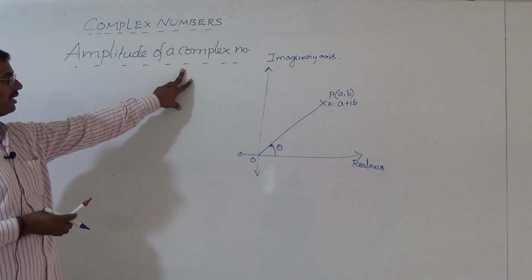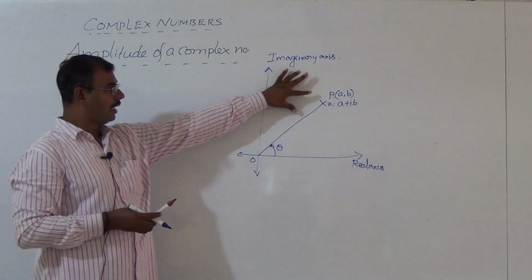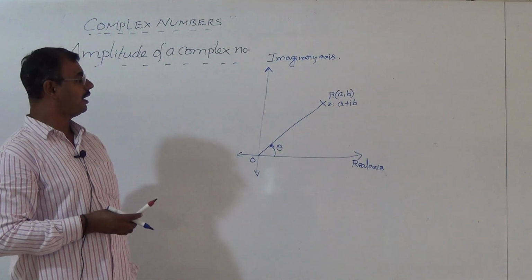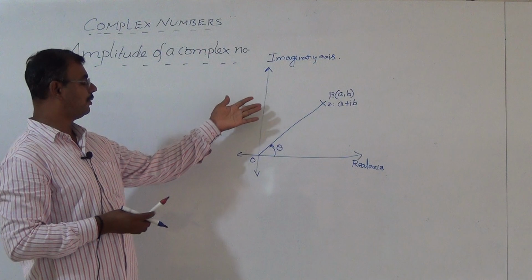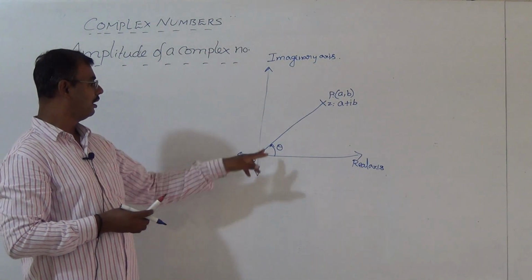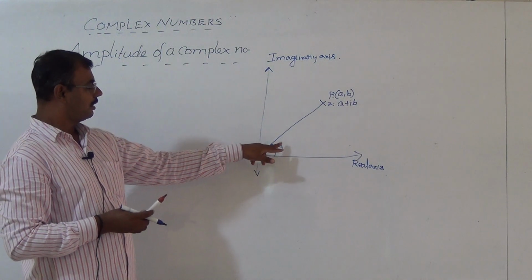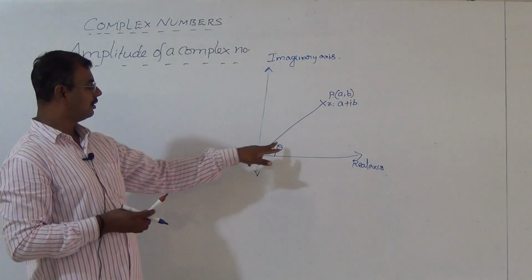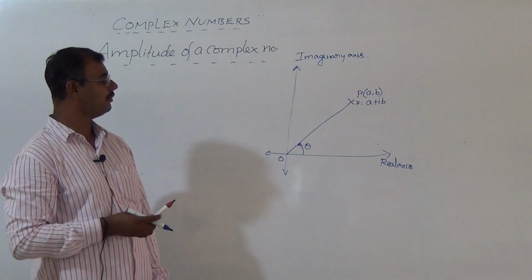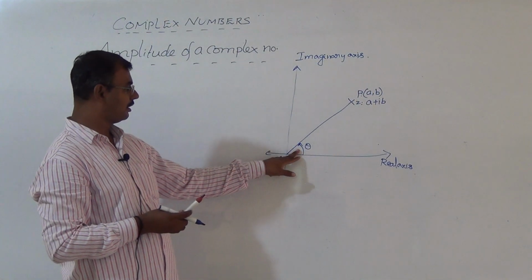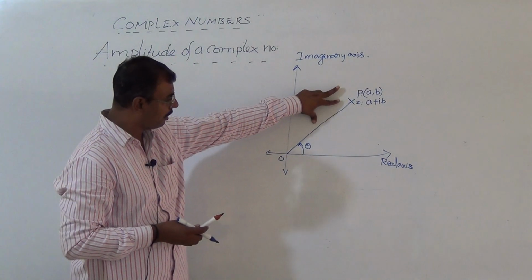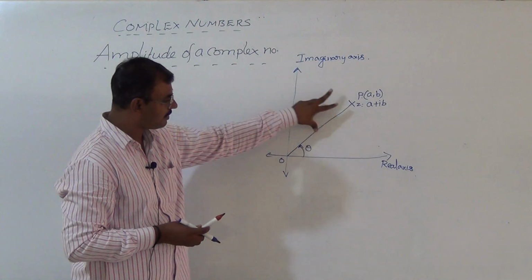How to define this angle? Let P (a, b) be a point representing a complex number on the complex plane. Then the angle theta that the line OP makes with which axis?